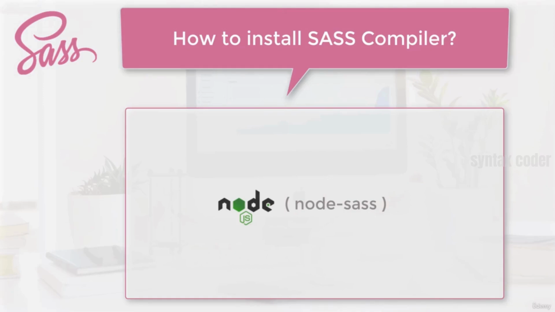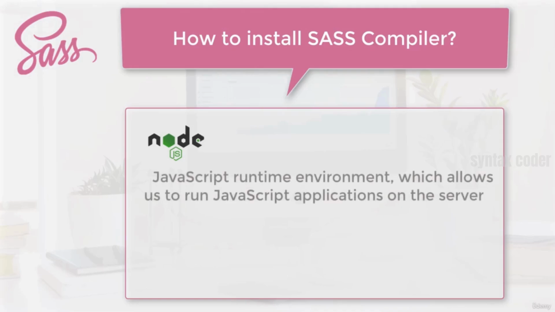Alright, so before we start the installation process, I'm going to talk a little about Node.js. Node.js is a JavaScript runtime environment. Before creating it, we were able to run JavaScript applications only in browser, but now using Node, we can run them on the server as well.